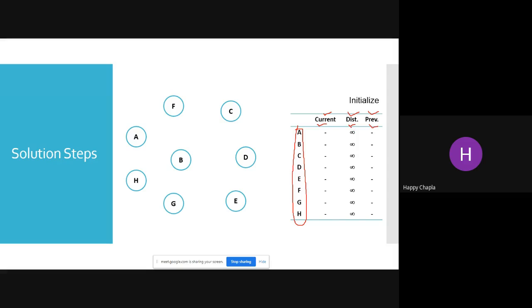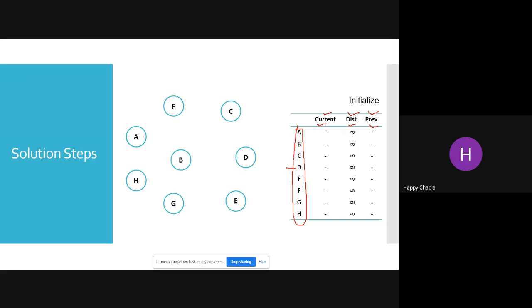Here, until I visit any node, the default distance of every node is equal to infinity. So we don't have any particular values till now. Our source is D, destination is A.